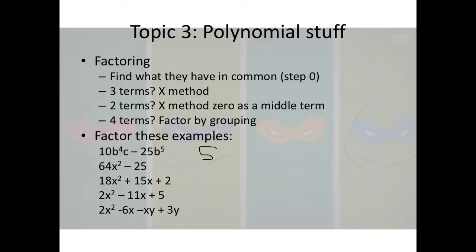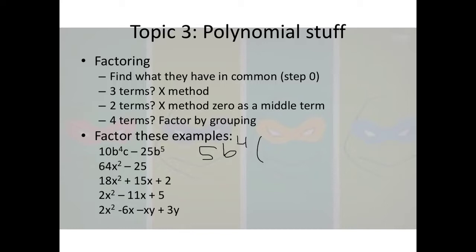Between b to the 4th and b to the 5th, the greatest common factor is b to the 4th, the most I can take from both of them. I can take 4 from here, and I can take 4 from there, but I can take 5 from here and I can't take 5 from there. All right, so I'm going to factor those out by reverse, kind of like reverse distributive property.